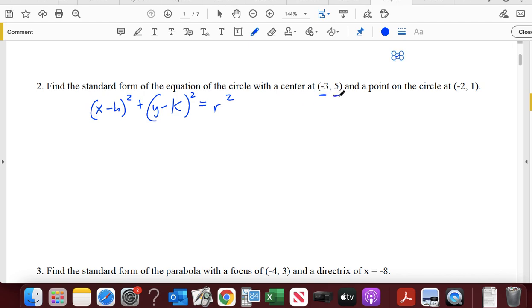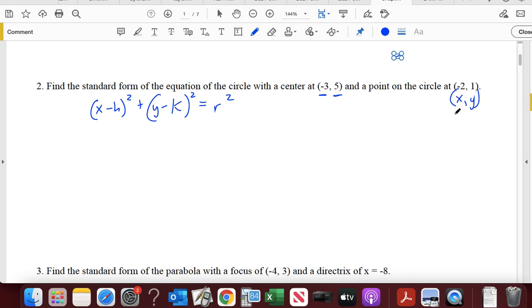Okay. So of the things we know, center at negative 3, 5 tells us our h and k. Remember, they're the opposites of these points. And a point on the circle, remember, if you're given a point on a curve or a line, that represents an x and a y. So we've got h and k. We know h, so this is going to end up being positive 3. This is negative 5.